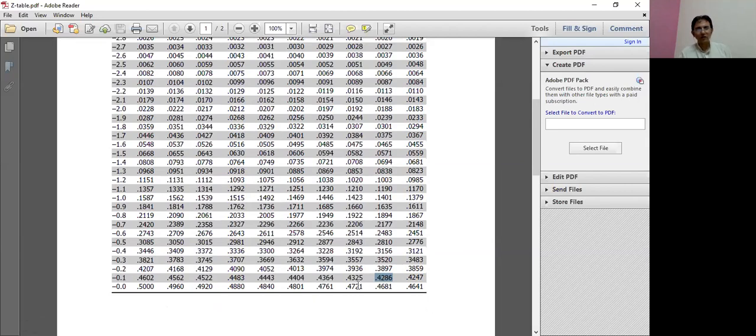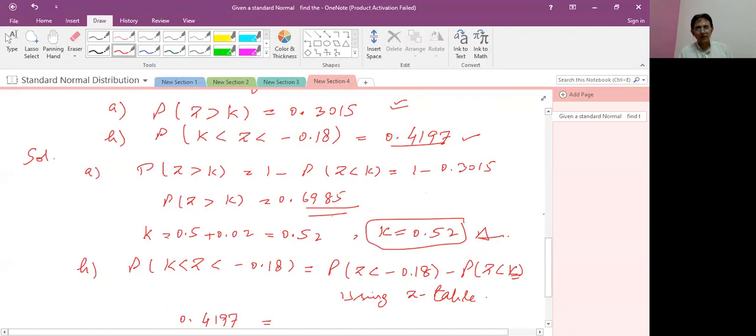So if we add both of them, the answer it is 0.4286. So we come back to our slide and write this result, 0.4286 minus probability of Z is less than K.